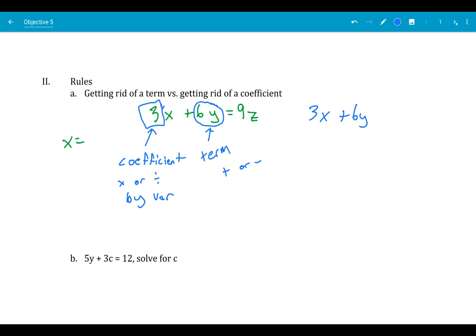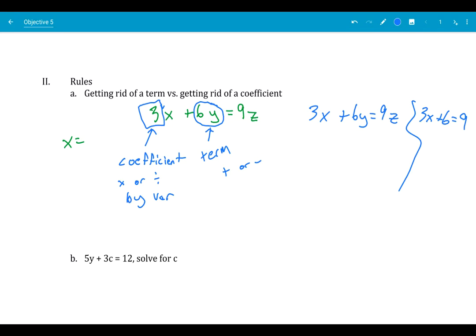So in terms of getting rid of a term versus a coefficient, you are going to solve this equation very, very similarly to the way you would solve it for x if there were no other variables involved at all. What I've done over on the side here is I've rewritten our equation, and I've also rewritten it again, but without the y and the z, because you're going to find you're actually going to work these very much the same way.